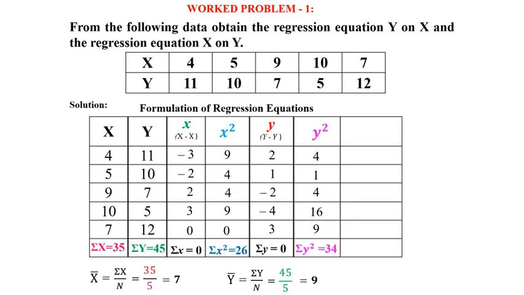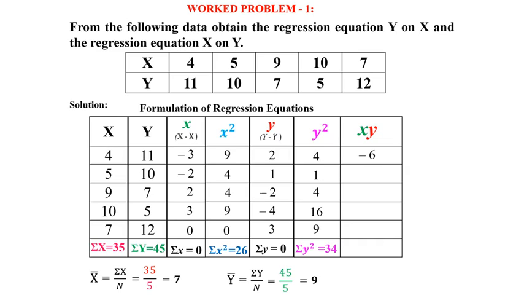Next find out small x into small y. So observe here, you may commit mistakes here. You should be very much focused here. So many values are there, therefore you find out small x values and small y values, then multiply.